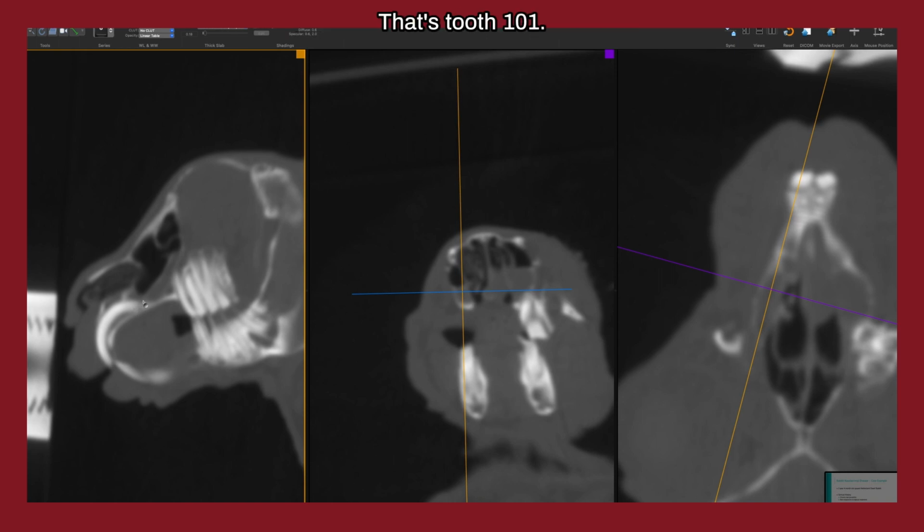That's tooth 101. And then back here, we can see how close it comes to the reserve crown of the maxillary premolars. This is tooth 106. This is 107 over here. So these are going to be the most commonly affected teeth that cause nasolacrimal disease.